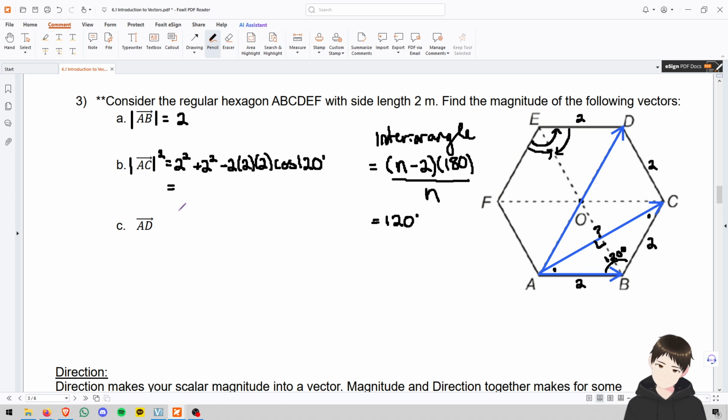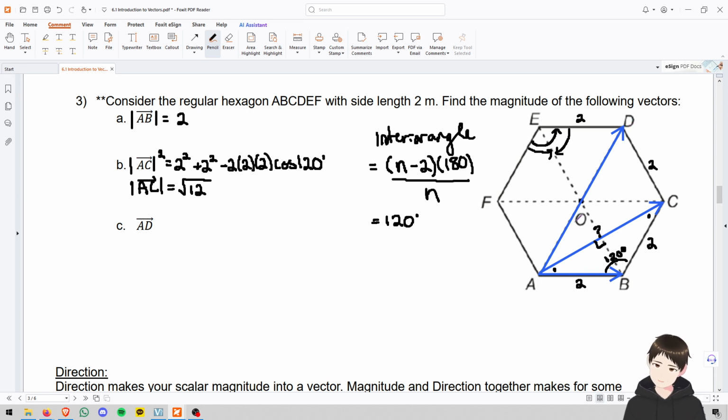And that gives you some number. Let me use my calculator. And once I calculate that, I square root both sides, and it seems to me I get root 12. Big whoop. But hey, know that there are ways around it, okay? All the previous geometric and algebraic principles are coming into play.